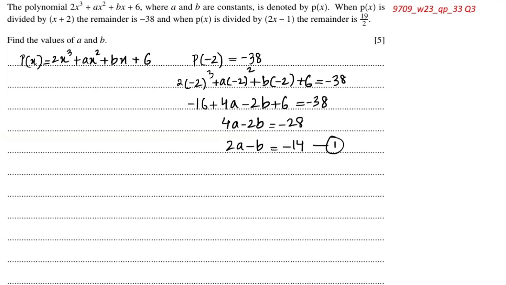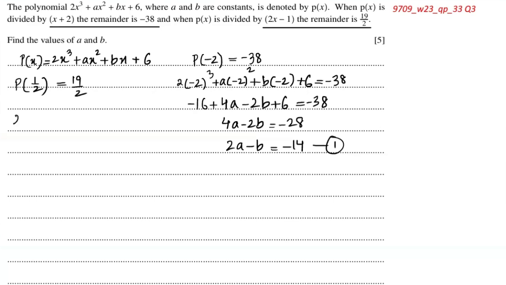Okay, so the second condition, this was the first condition. Sometimes they give another condition like one of the factors is given, but this time both of them are just divisors since we are given remainders. So when it is divided by 2x minus 1, the remainder is 19 over 2. So the other condition will be p of 1/2 will be 19 over 2.